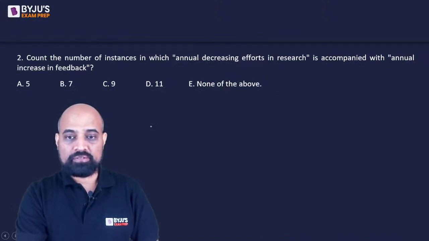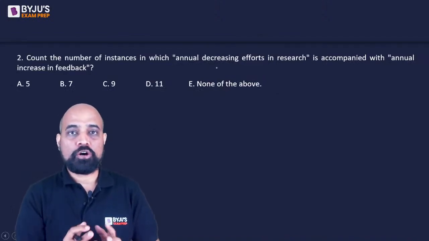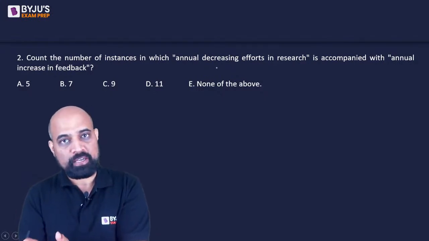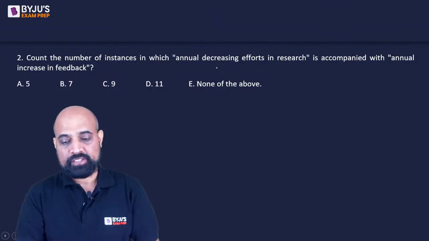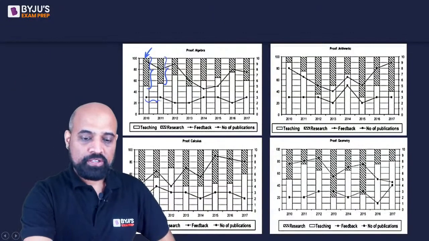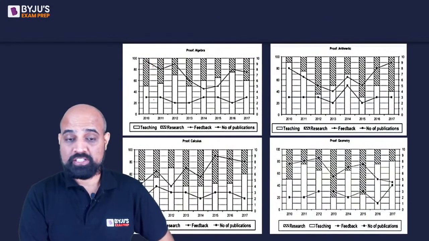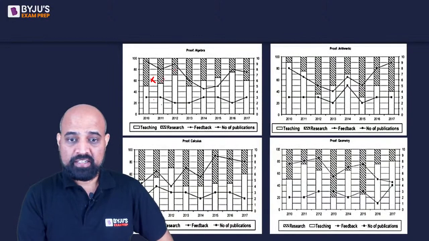Efforts over here would mean how much time is being spent. It has got nothing to do with how much publication is being made. Let's calculate. Here it is a decrease, but the feedback is constant for Professor Algebra, so we can't take this. Here the effort has decreased and feedback has also decreased, we can't take this.